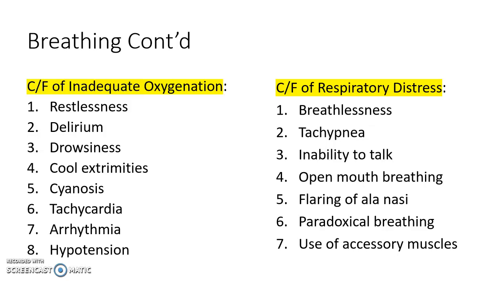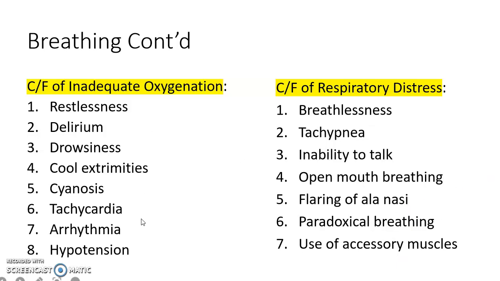Breathlessness. These are clinical features of inadequate oxygenation, and this may not be due to a respiratory problem. So the respiratory problem will guide you. The patient may be breathless, may be tachypneic, unable to talk, open-mouthed, and there may be flaring of alae nasi, use of accessory muscles, and paradoxical breathing.